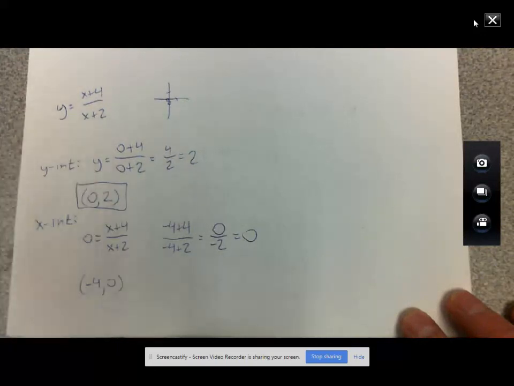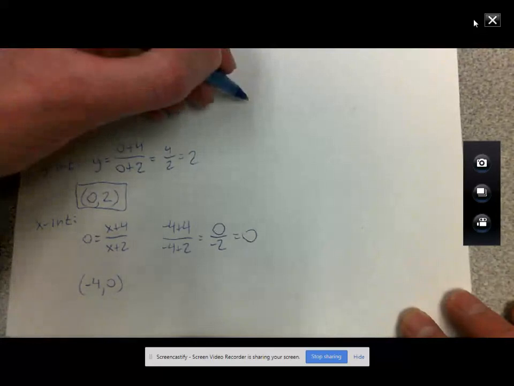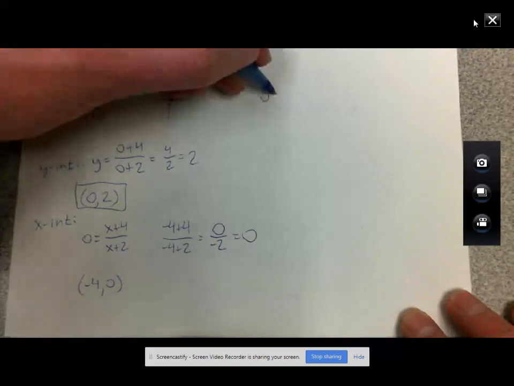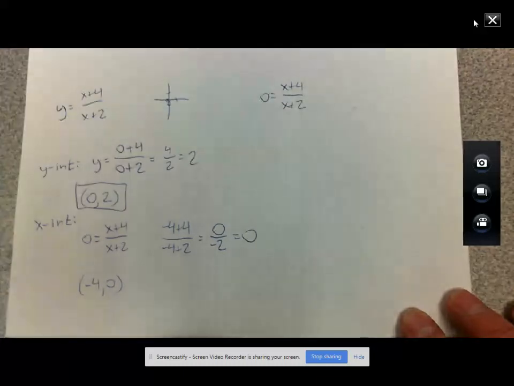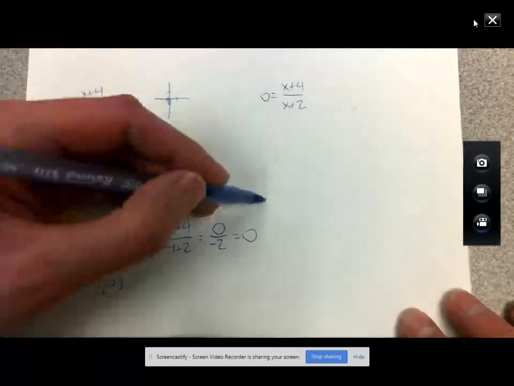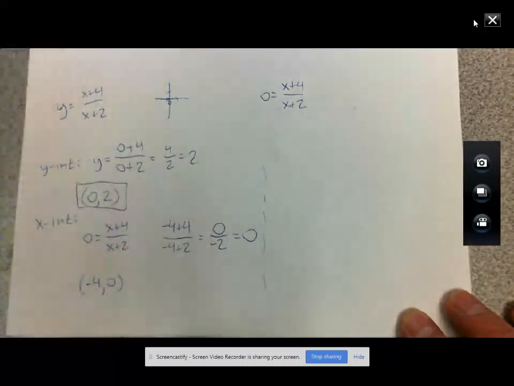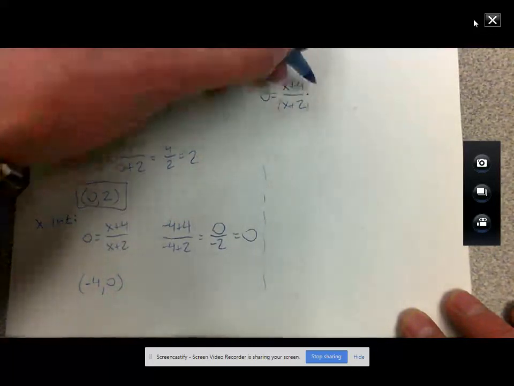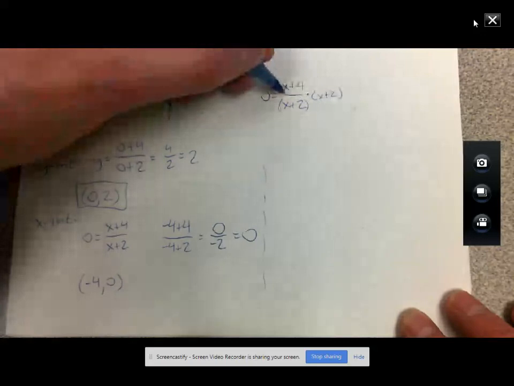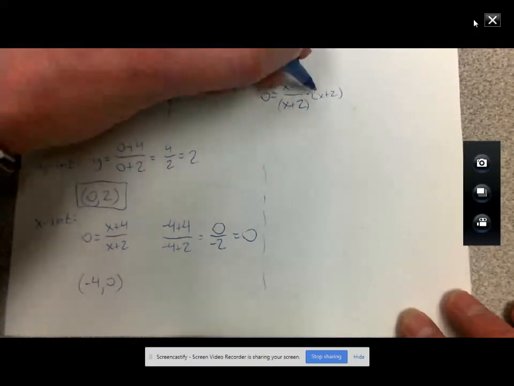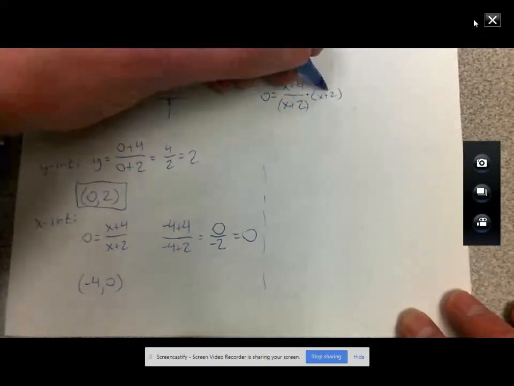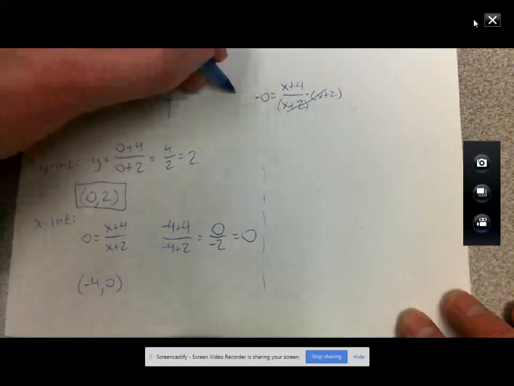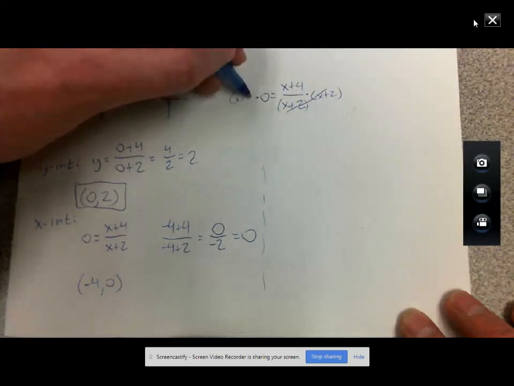The other way that you could solve it is if we had 0 equals (x plus 4) over (x plus 2). If I wanted to solve this for x, I could multiply by whatever's in the denominator. If it's divided by x plus 2, I can do times x plus 2. X plus 2 divided by x plus 2 is 1. Multiply the other side by x plus 2.